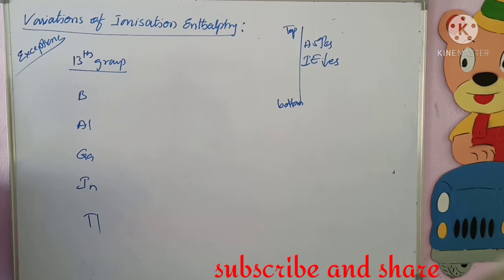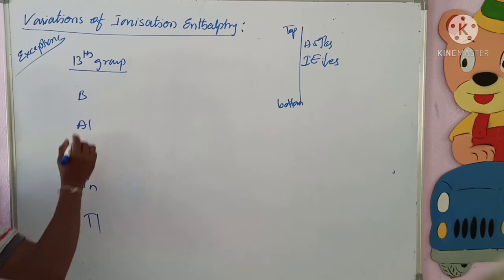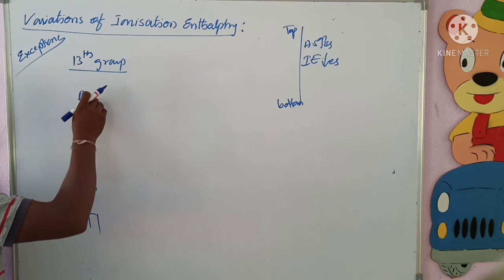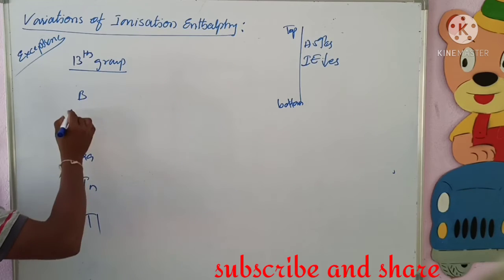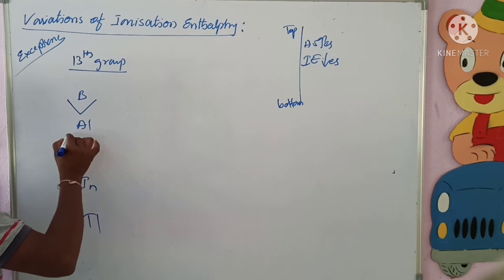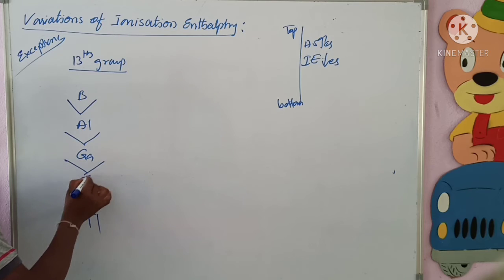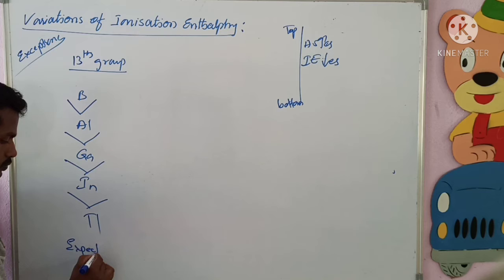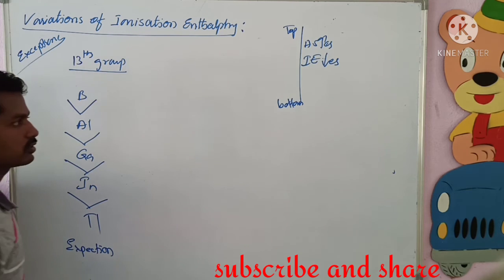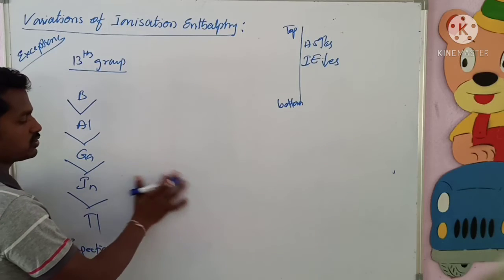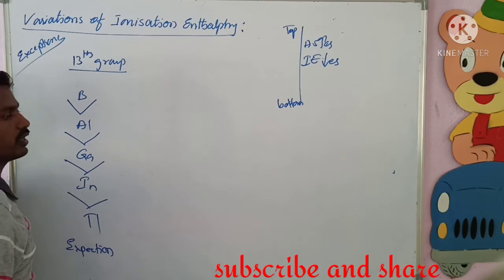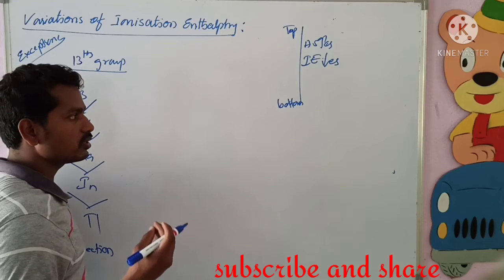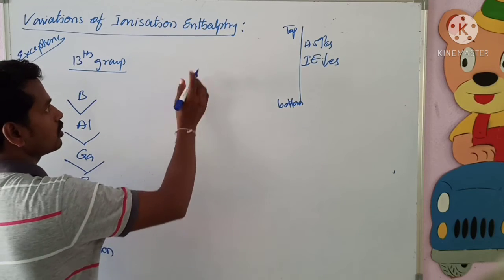Our expectation is that from top to bottom ionization values decrease, with boron the higher value. But in reality, the ionization energy does not follow this regular order. They show a different variation.